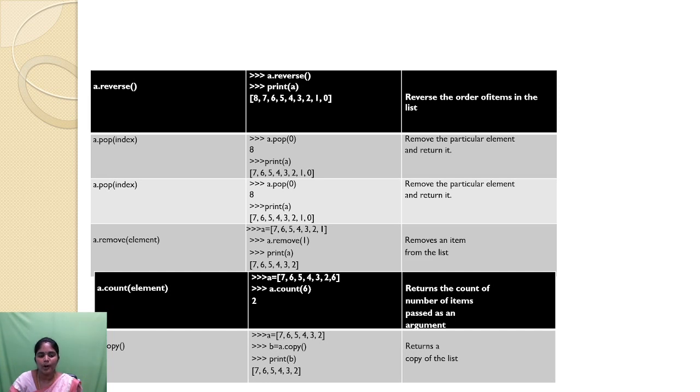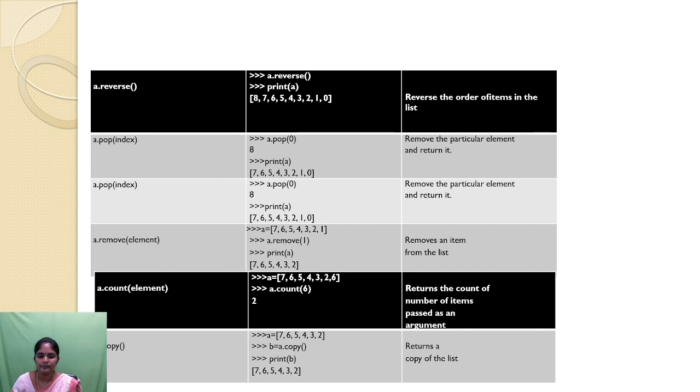Next operation is the pop operation. Pop operation is nothing but removing an element from the list. Normally pop removes the top element of the index. The value at that position will be deleted from the list. So I have given a.pop of 0.